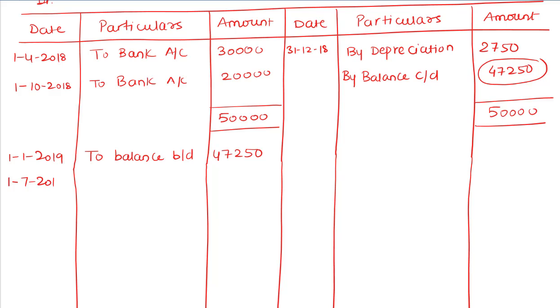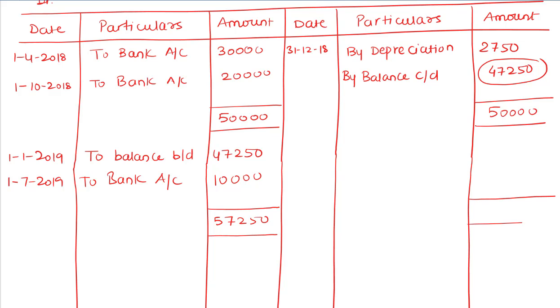A new machinery is purchased on 1st July 2019, to bank account, the new machinery 10,000. So this total would be 57,250.